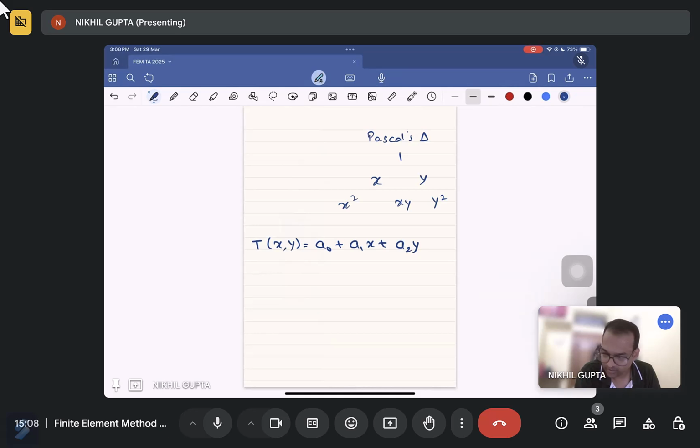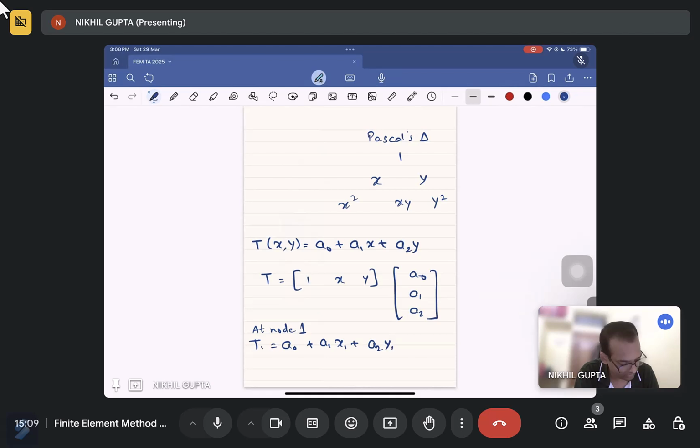We'll write T as 1 x y times a naught, a1, a2. At node 1, t1 equals a naught plus a1 x1 plus a2 y1. t2 is equal to a naught plus a1 x2 plus a2 y2. t3 equals a naught plus a1 x3 plus a2 y3.